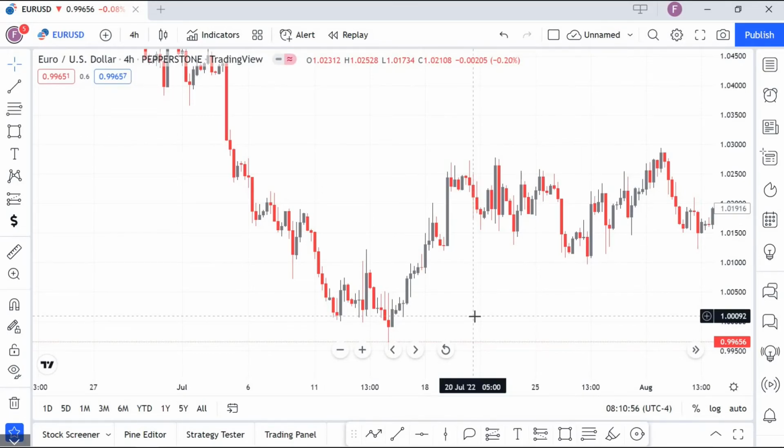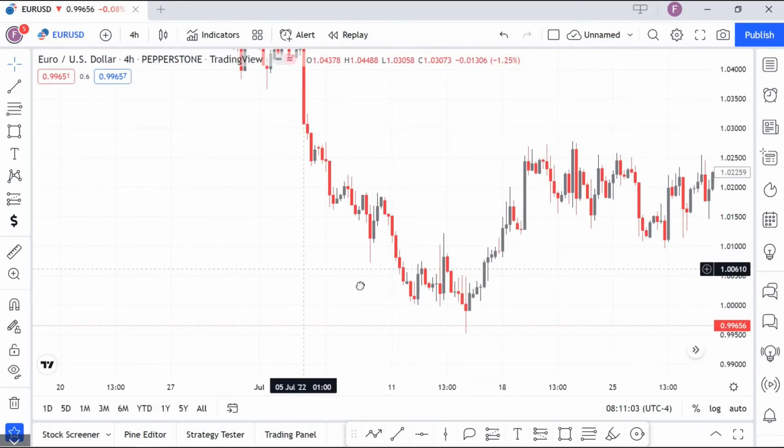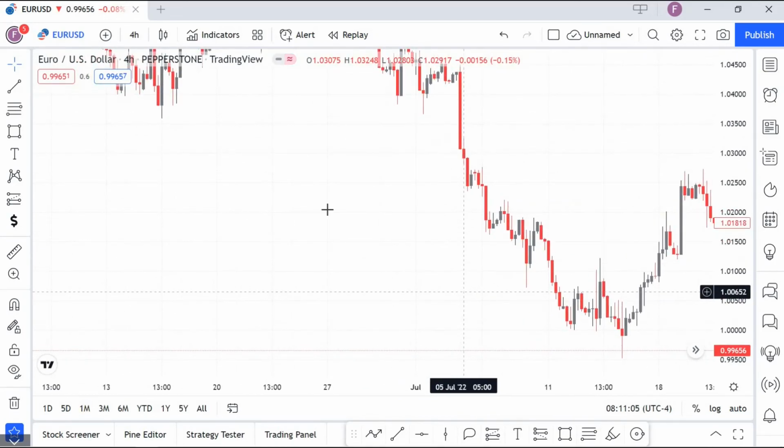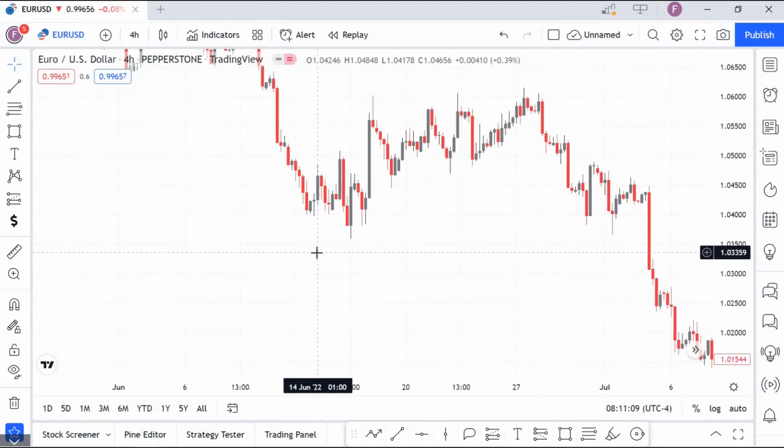You must also work on your psychology, and this type of strategy helps you master patience and master yourself, because you will have to wait for the price to come back, to mitigate back to a certain level. You will not just take trades as if you're gazing. There's no guesswork. The guesswork has been killed at this particular point.